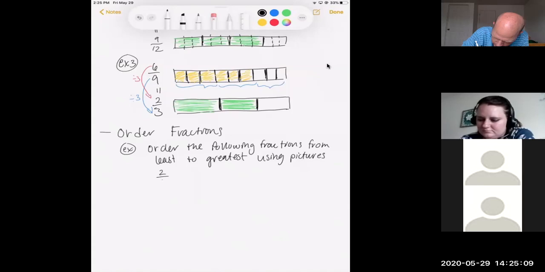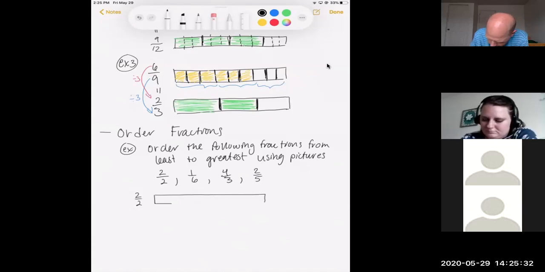So the fractions are 2/2, 1/6, 4/3, and 2/5. And so this is a concrete way or a pictorial way to order fractions. We want to depict each of the fractions using bars. The Menzies fraction bars are good for the concrete way.